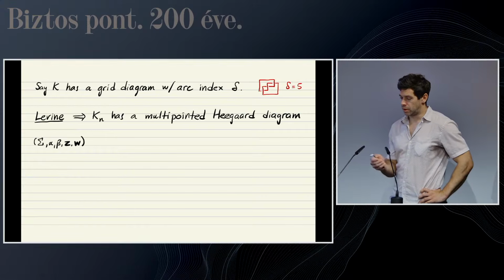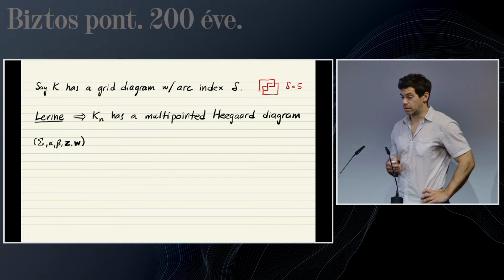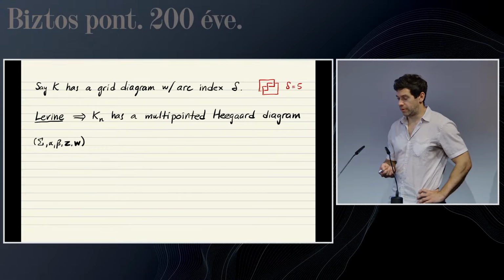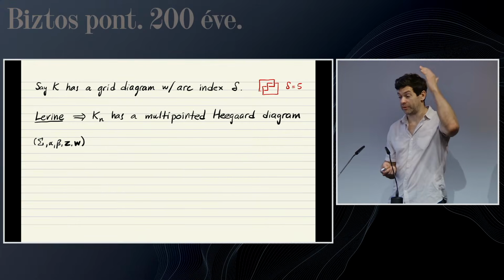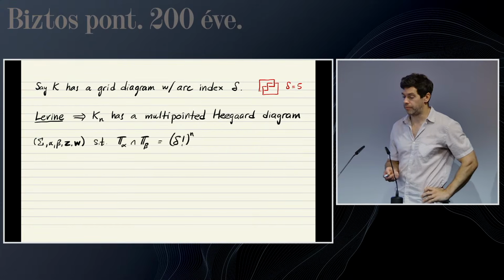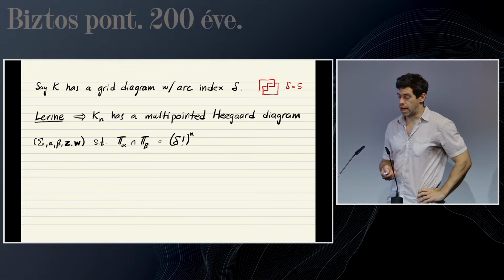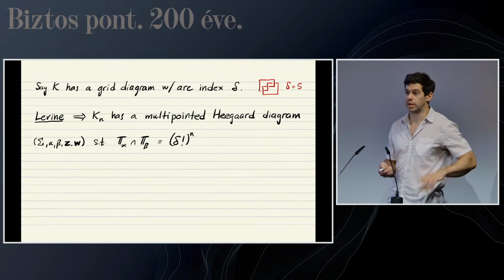Okay, so suppose K has a grid diagram with arc index delta. One of the first things that Adam Levine did, maybe the first thing, so this is baby Levine, is he showed that Kn, the lift of the knot in its n-fold cyclic branched cover, has a multi-pointed Heegaard diagram so that the intersection of the alpha and beta tori has delta factorial to the n intersection points.